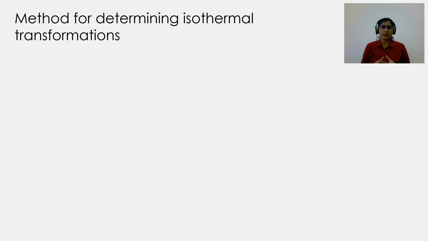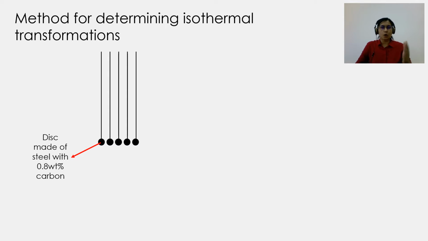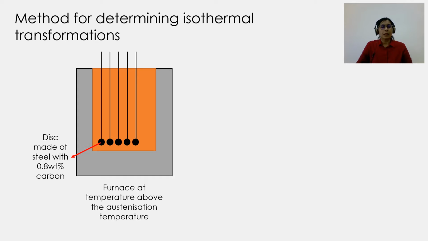And how is this diagram made? It is through a process where a number of thin discs made of the same steel are used. In this example, I am using steel with 0.8% of carbon, so this is a eutectoid steel. The first thing that the material scientists did is they put all these discs with the same composition in the furnace, where they will be heated up to a temperature above the austenization temperature.